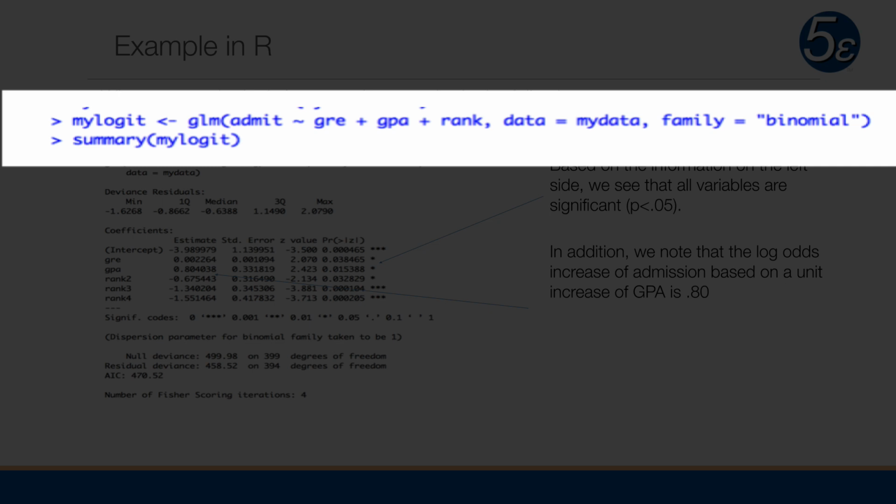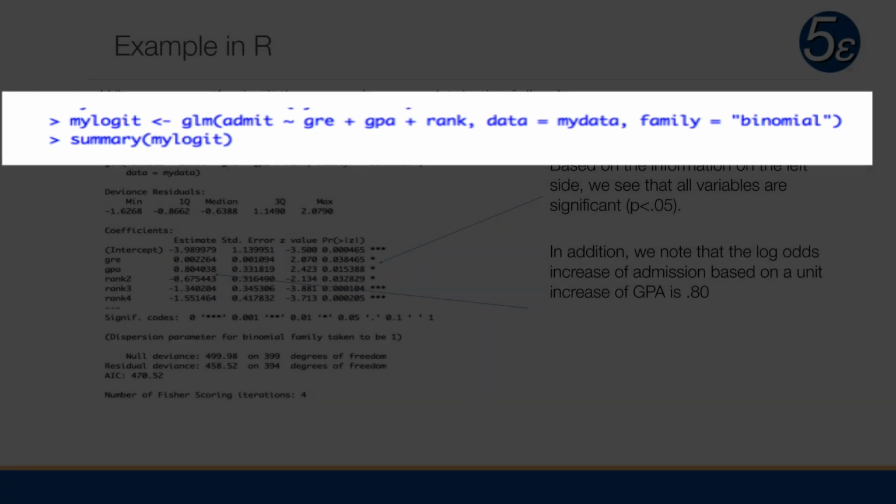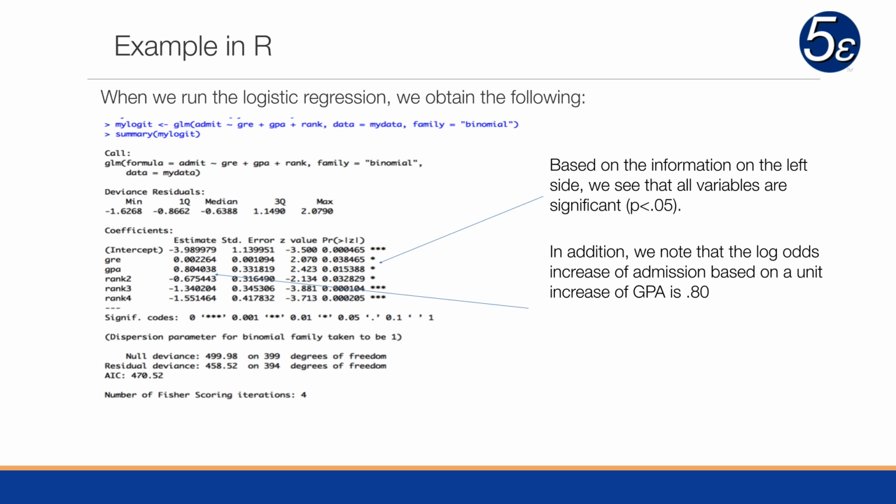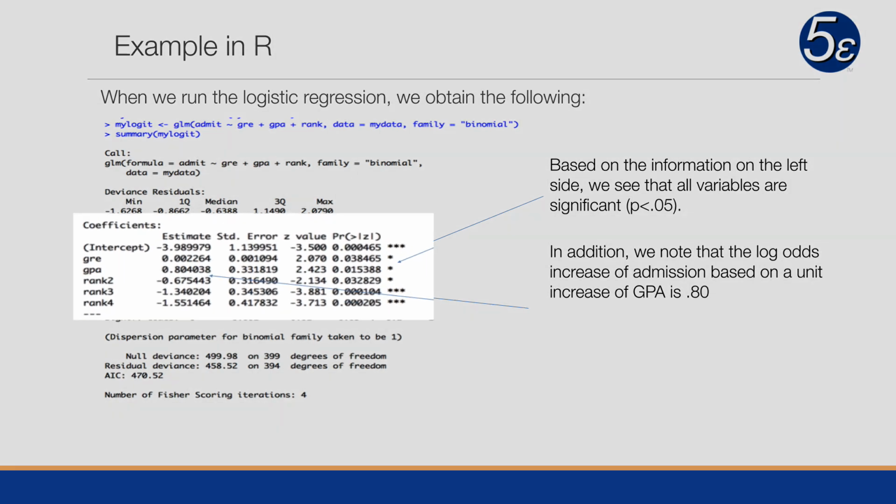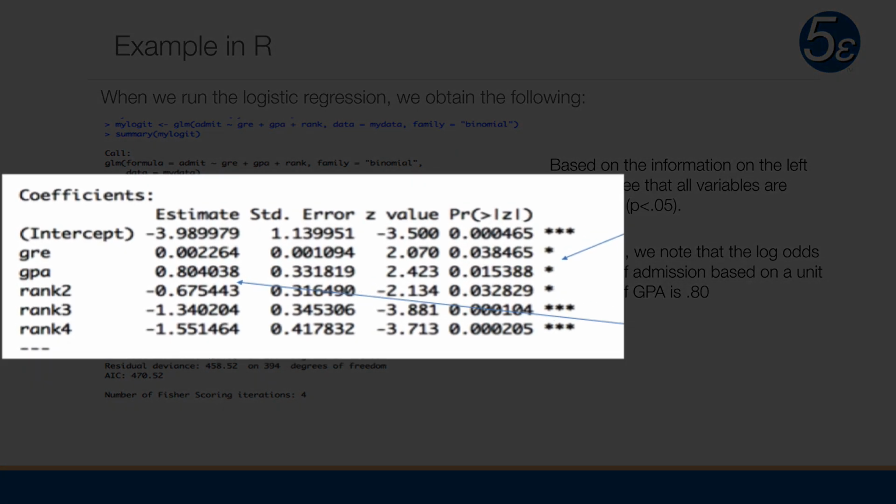When we run this, we will get an object. We will then take the summary of that object to get the resulting output. And the output then, in some ways, is similar to the way we saw our linear regression. So based on the information that is provided, we can see here that all the variables are significant, such that p is less than 0.05.